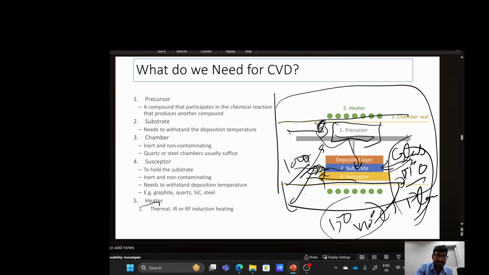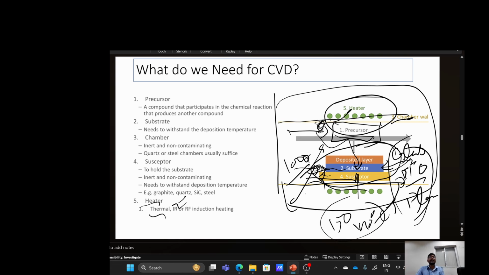The final one is the heater, to provide the energy for the reaction to happen. This can be thermal, IR, or RF inducting coils that you can wrap over this, which can heat either the walls, or directly the susceptor or the substrate.